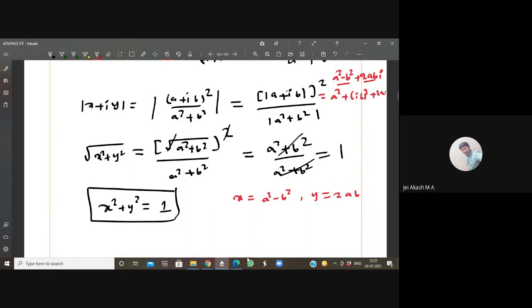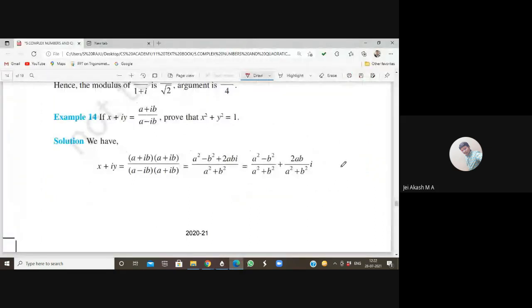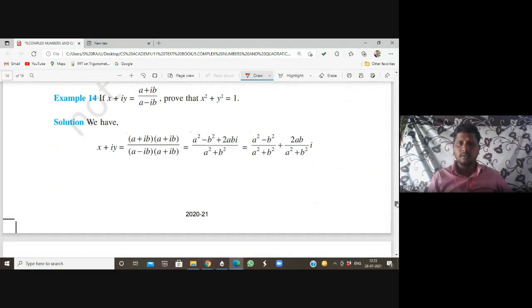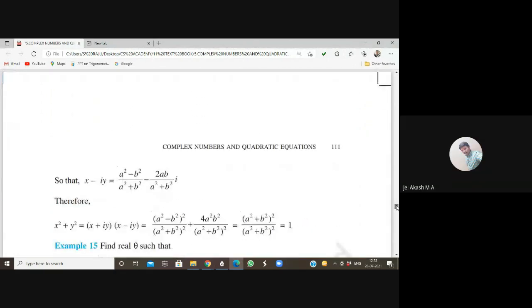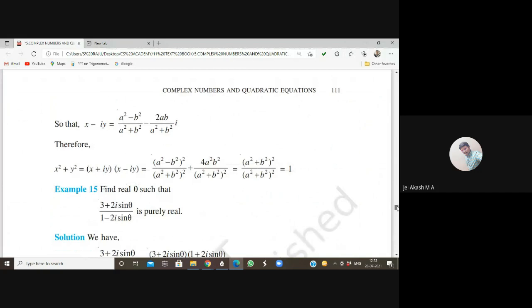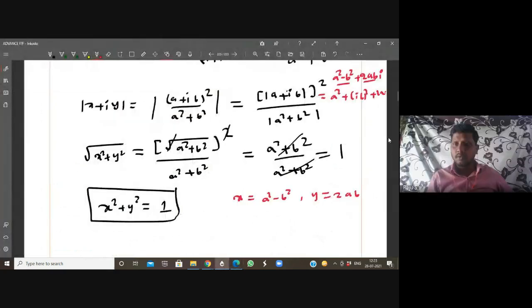Why are we taking the root only on the numerator, sir? Root where? Here. Yes, this one. What is modulus of a plus iota times of b?